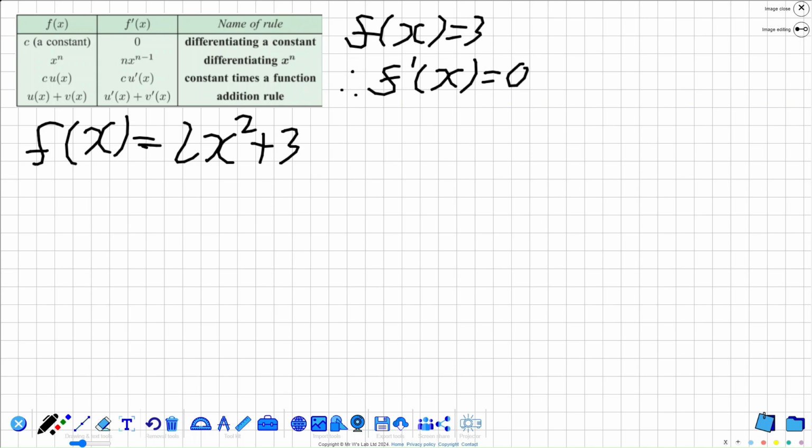Now the second part of this, and I might just get rid of that 2 for a second there, is we can see x squared, and this represents the second scenario here where we've got x to the power of something.